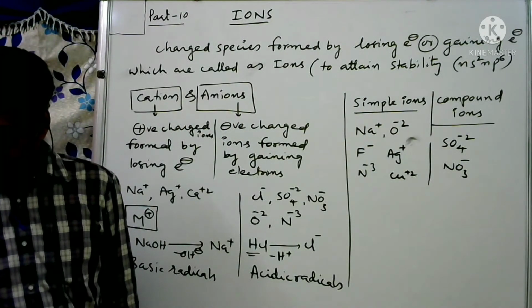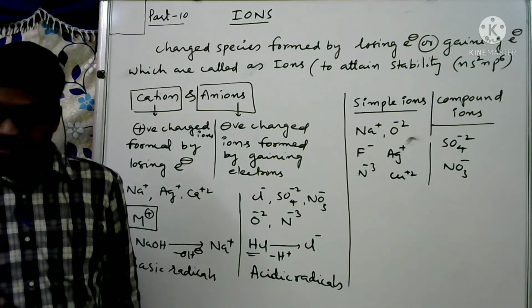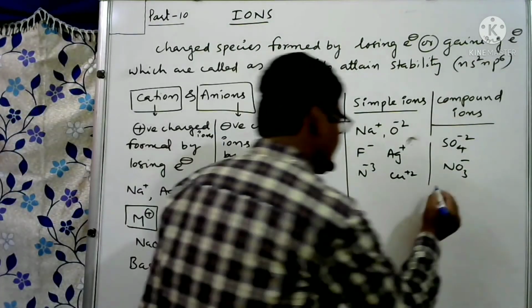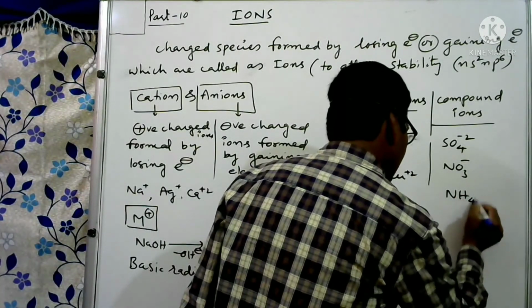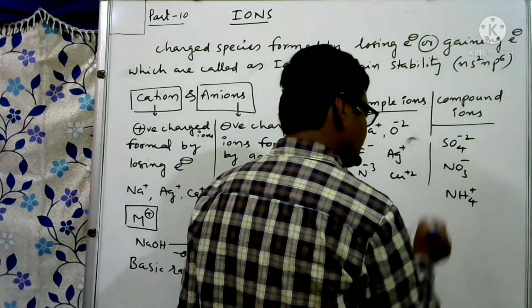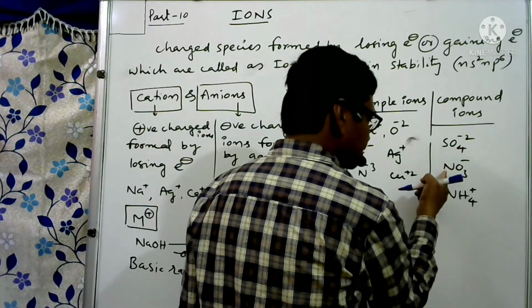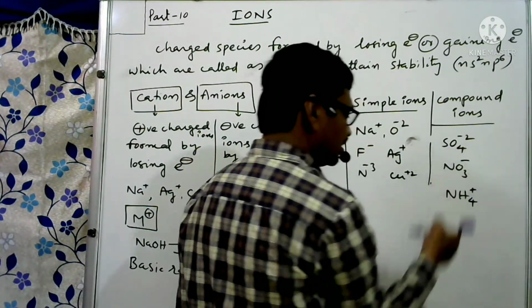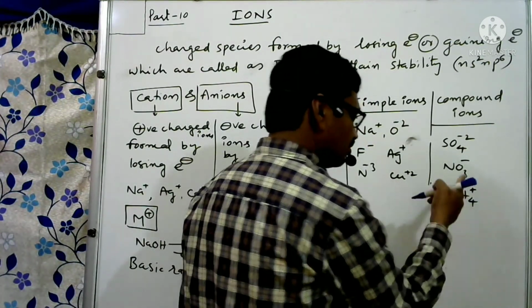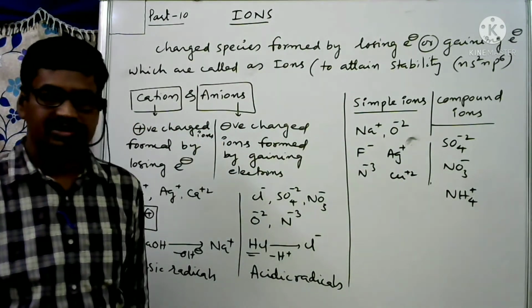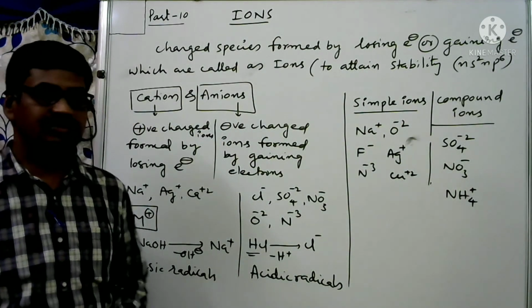Like that we have ammonium ion, NH4+. In the sulfate ion, one sulfur and four oxygens. In the nitrate ion, one nitrogen and three oxygens. Here nitrogen and four hydrogens along with positive charge. Like this, you have different types of ions.